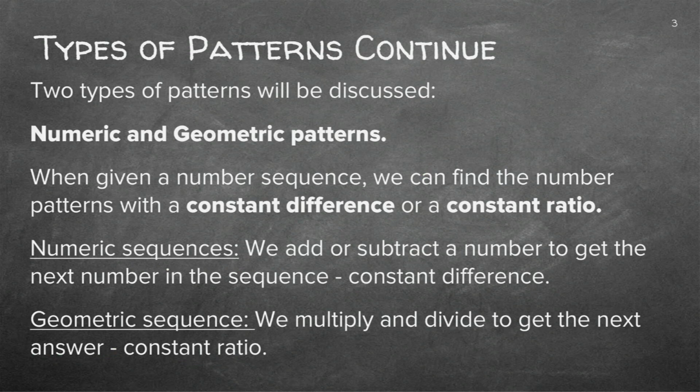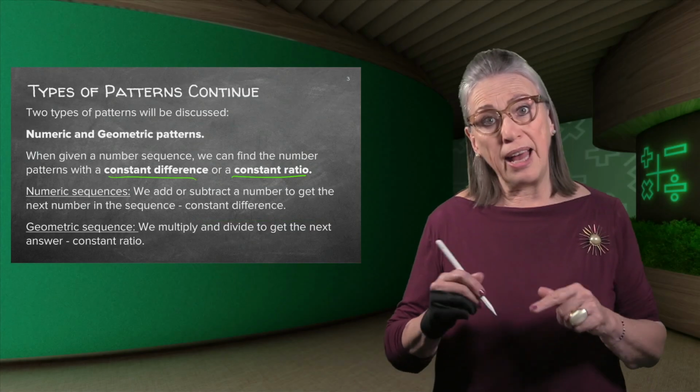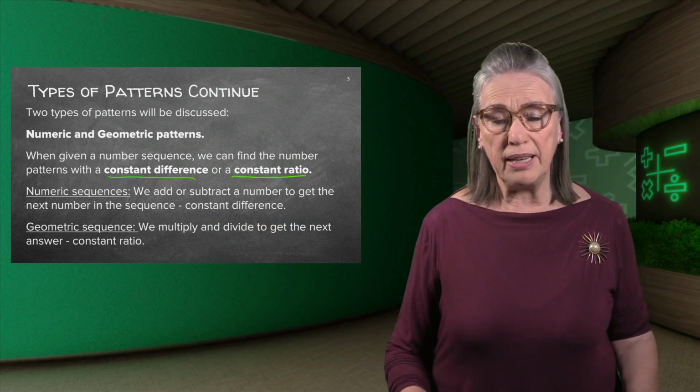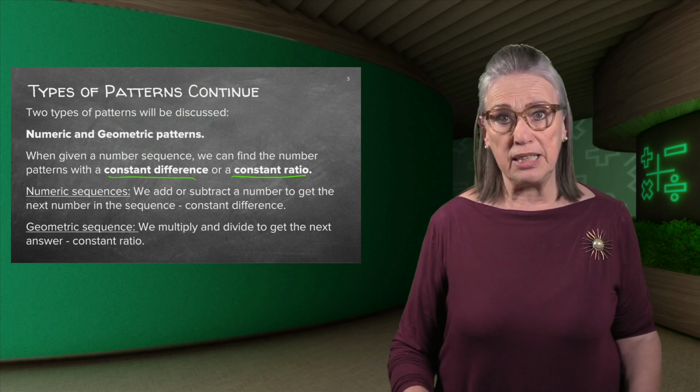Okay, so we get two types of patterns, numeric and geometric. There are more types, but we are going to discuss these two. When given a number sequence, we can find the number patterns with either a constant difference or a constant ratio. A numeric sequence is a sequence where we always have to add or subtract a number to get the next number in the sequence.